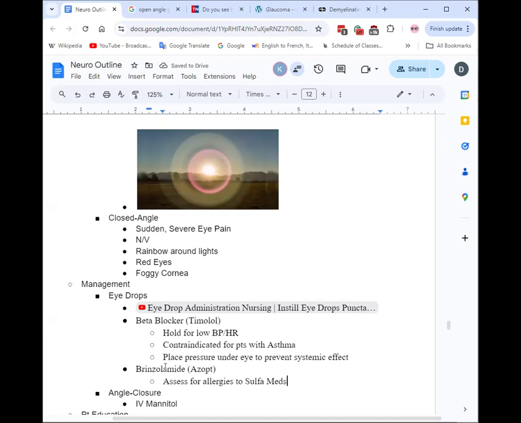That's any medication that can be considered a sulfa medication, anything that has the word sulfa in it. I can't really tell too much from the name, but this one's a sulfa med, so with any allergies to sulfas you don't want to give it. Another thing is that it apparently has a diuretic effect.